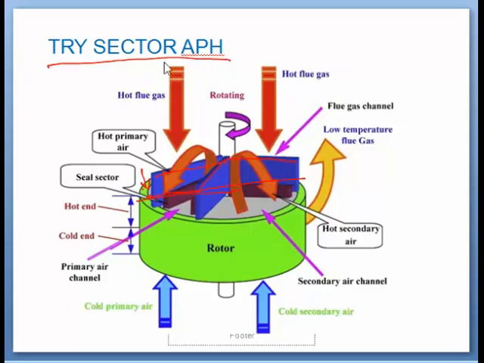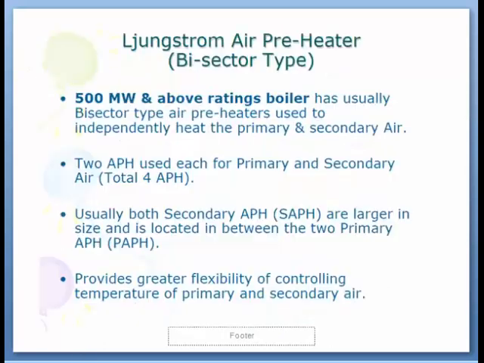In the trisector air preheater, both primary air and secondary air are handled in one air preheater, while in the bisector type of air preheater there will be separate air preheaters for heating primary air and secondary air.